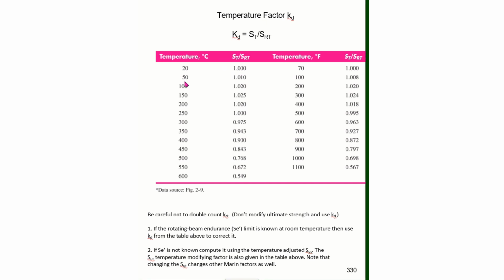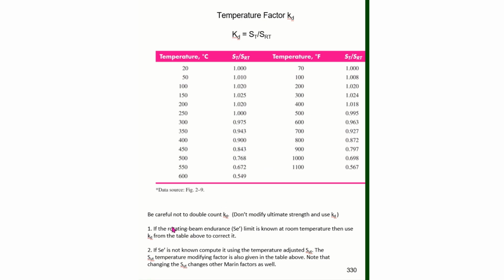If we have elevated temperatures, you can see that Kd becomes slightly greater than 1. However, I would never use a value greater than 1, and I would encourage you to do the same. Then you see that as the temperature gets up to 300 C and higher, the Kd factor starts to become significant.